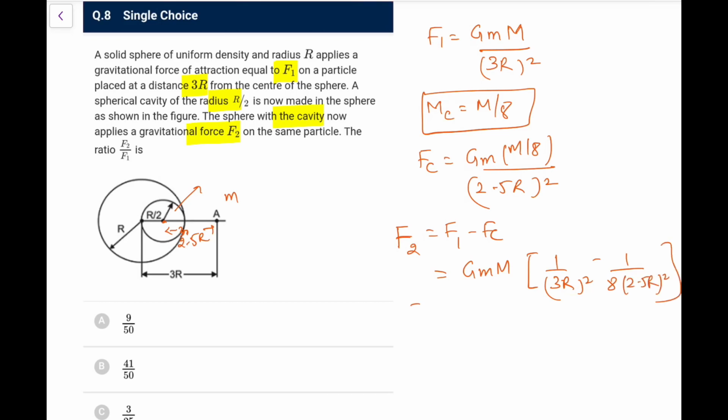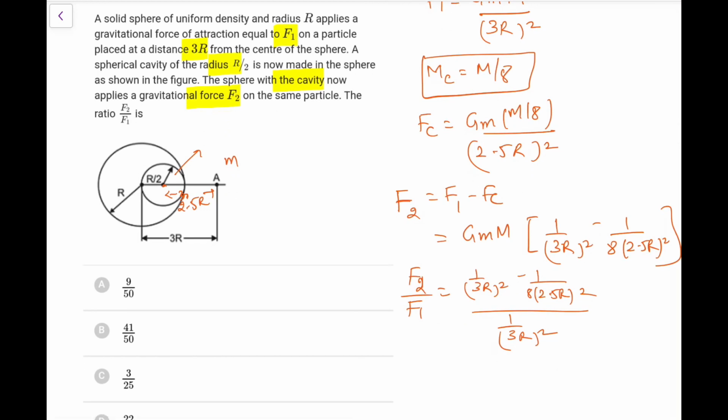So what would be the ratio? The ratio of F2 by F1: the GMm gets cancelled. So F2 by F1 is 1 upon 3r whole square minus 1 upon 8 into 2.5r whole square, divided by 1 upon 3r whole square. If I simplify this, I take the LCM, and the 3r square thing gets cancelled. The r square also goes down, so no need to write it.